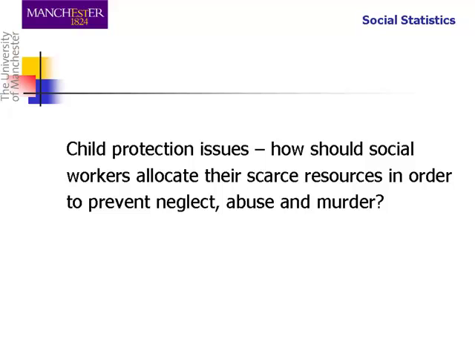And a third example is from a meeting that I chaired, organised by the Social Statistics section of the Royal Statistical Society a couple of weeks ago, where we were thinking about statistical issues in child protection. And one of the talks was about, again, the issue of how social workers, faced with a range of families who they feel they need to intervene with, and not knowing exactly who they should give most attention to, in conditions of uncertainty.